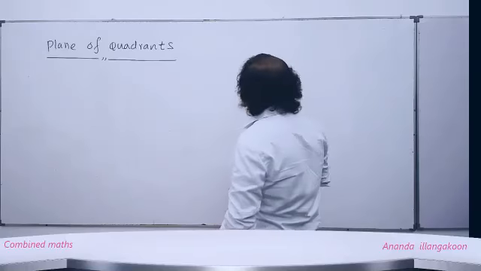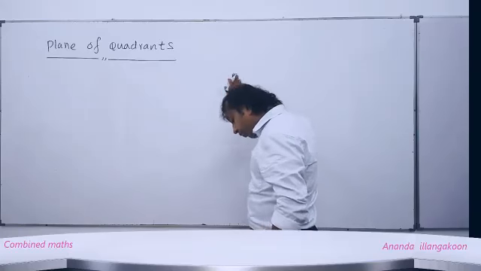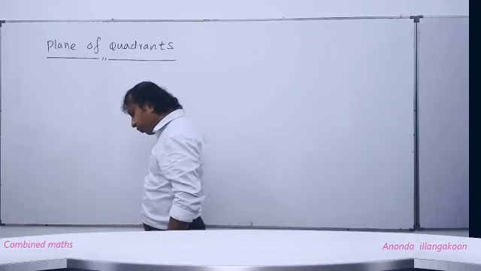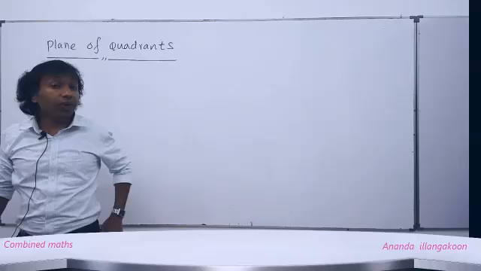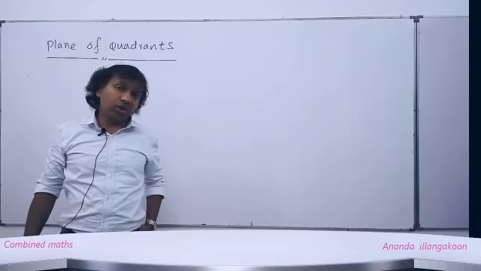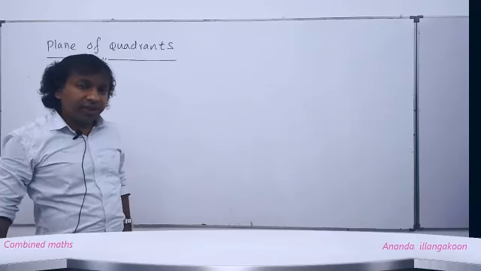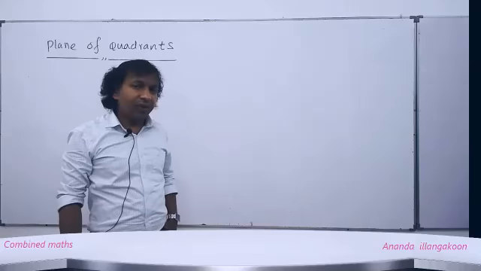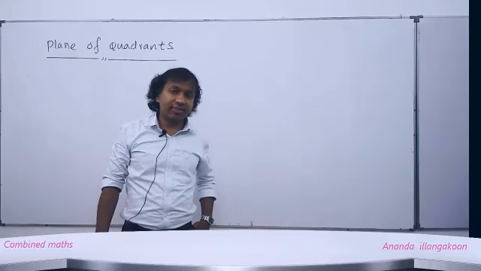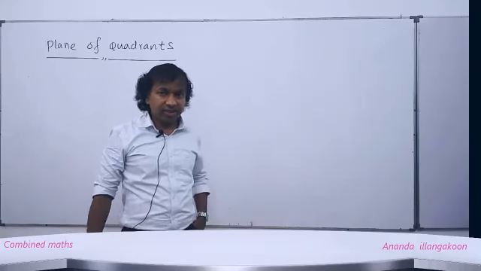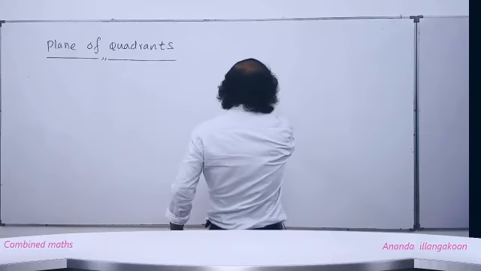Plane of quadrants means, people, when you do your graph question in all levels, people are taking the graph paper. Can you remember you drew two axes, x-axis and y-axis, right? So I draw that x-axis and y-axis.